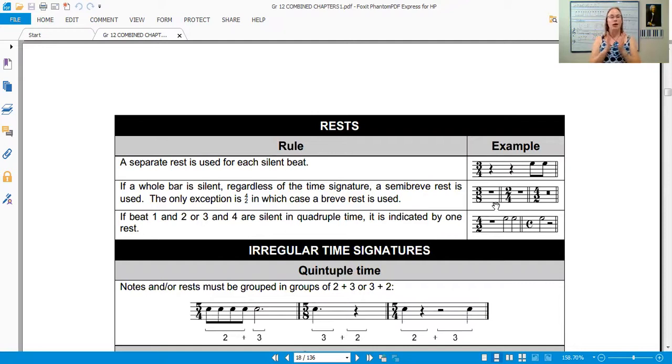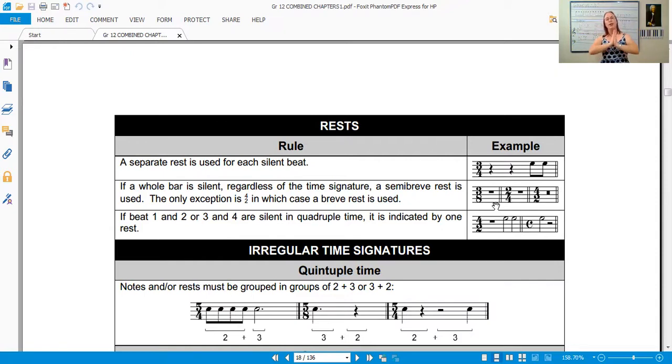The only exception, because we always have exceptions, is that if you have 4/2, then you're going to use the breve rest to indicate that the whole bar rests. And then you always have separate rests for each beat, no matter what the time signature.